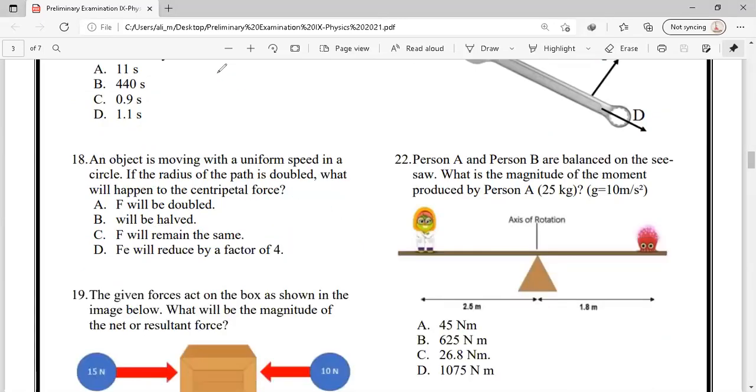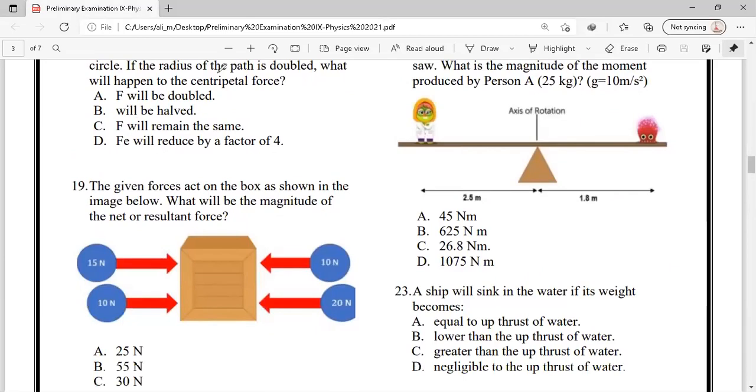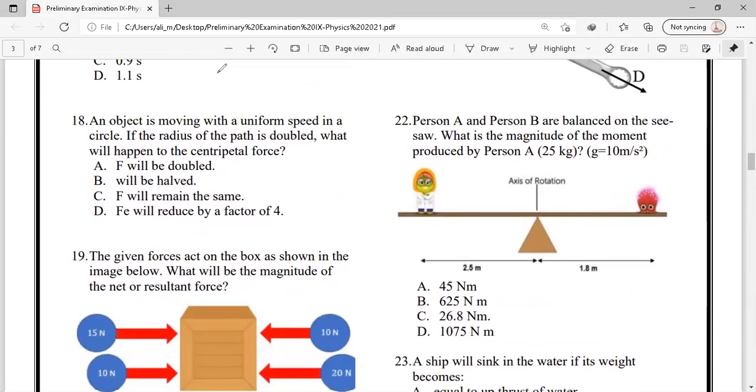Let's move to our next question, question number 18. An object is moving with a uniform speed in a circular path. If the radius of the path is doubled, radius को अगर हम double कर देते हैं, so what will happen to the centripetal force?